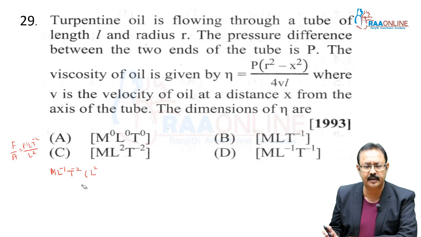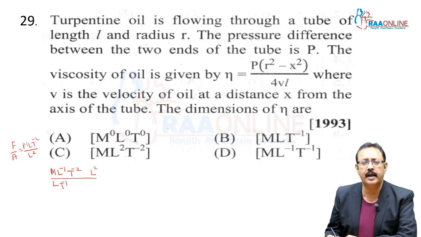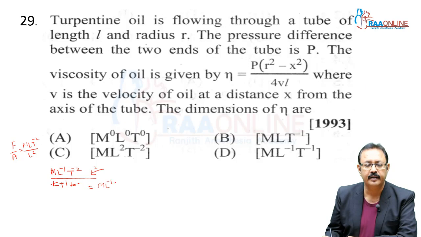Distance square minus distance square means distance square. So R square minus X square divided by 4 has no dimension. What is V? V is the velocity, L T^-1. What is L? Length of tube, one kind of length. L square cancels with L square. So what do we get? M L^-1 T^-1.